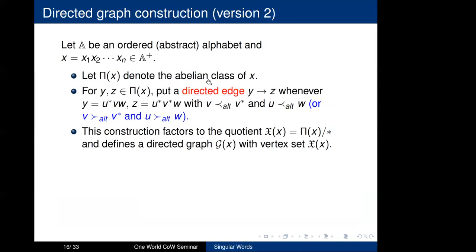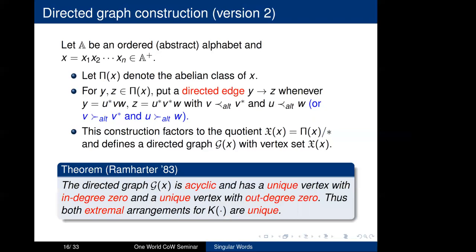So again, you take the abelian class of some word, and given two words Y and Z, you put a directed edge from Y to Z if you can factor Y this way and Z is obtained from Y by reversing the V. And this time, the inequalities that you want to be satisfied are relative to the alternating lexicographic order. And once again, this construction factors to the quotient.